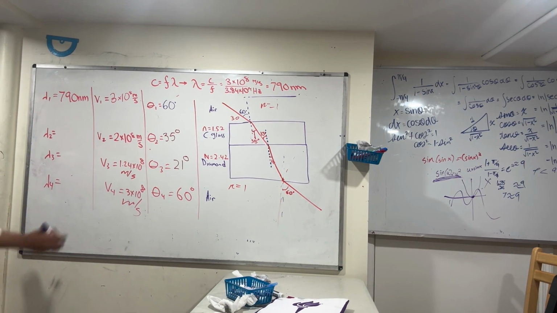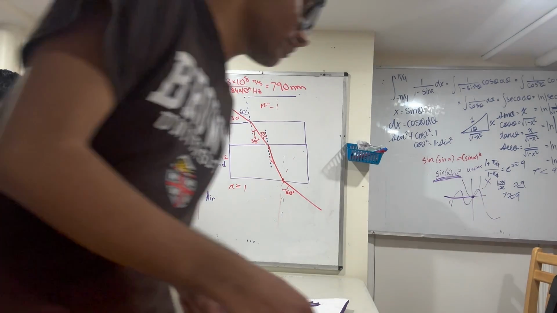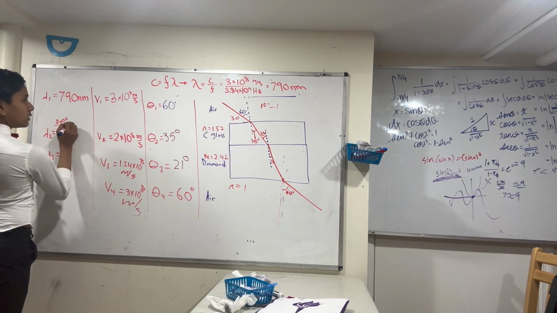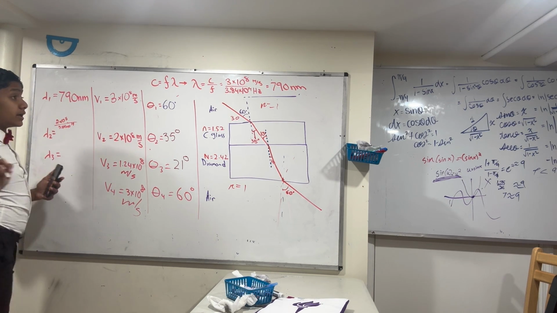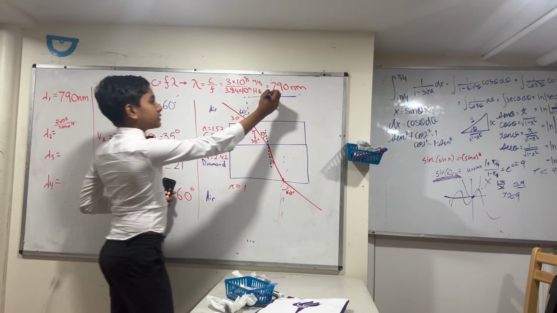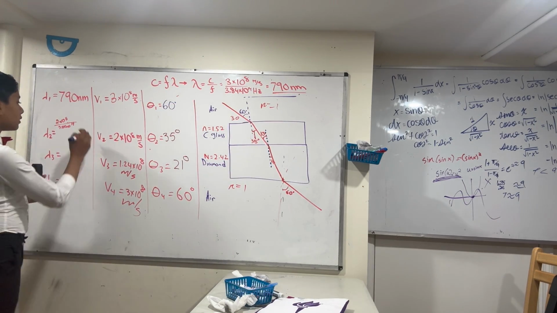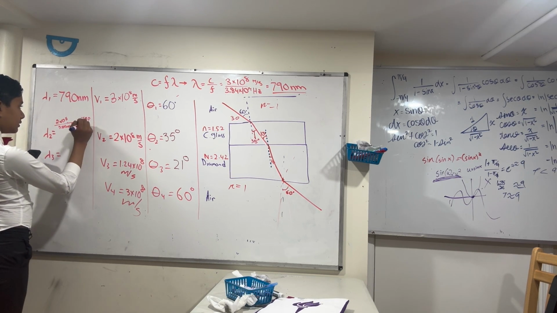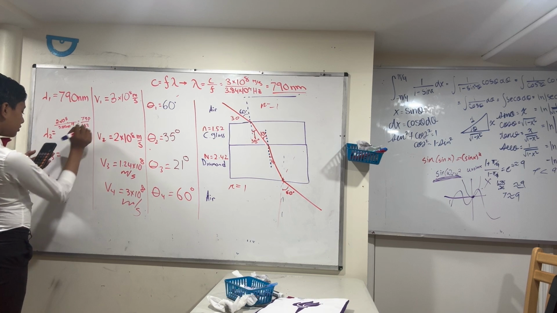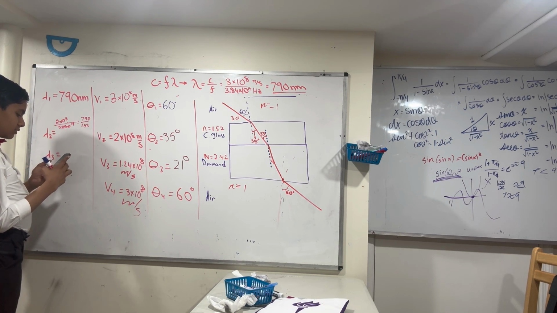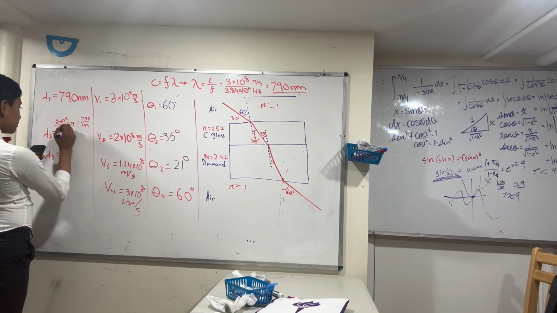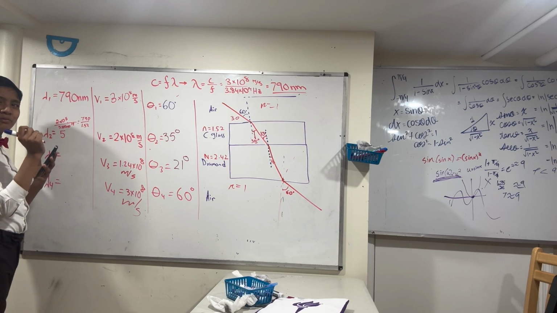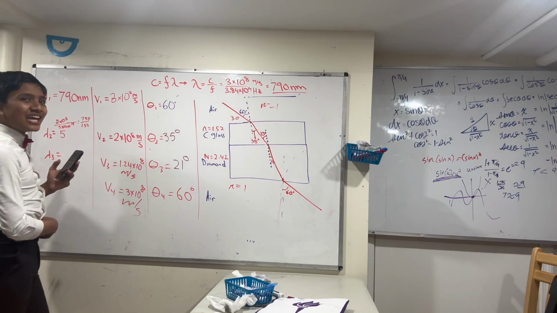So this is just 2 times 10 to the 8 over 3.84 times 10 to the 14. Another way of doing it, I suggest, is that we just divide the wavelength in air by the index of refraction. The wavelength decreases.